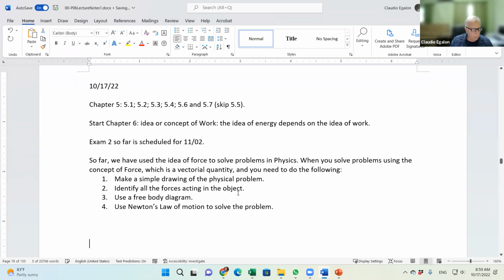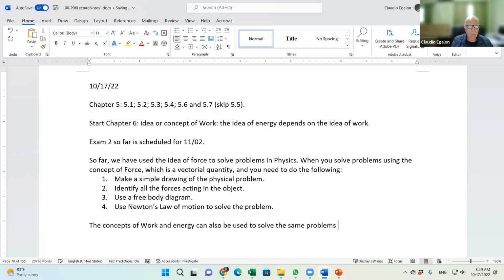Okay, now the concepts of work and energy can also be used to solve the same problems that we solve using the idea of force. Okay.